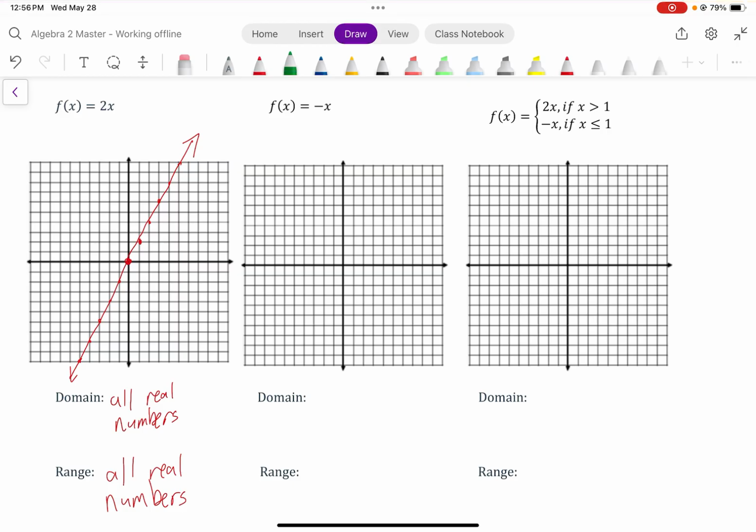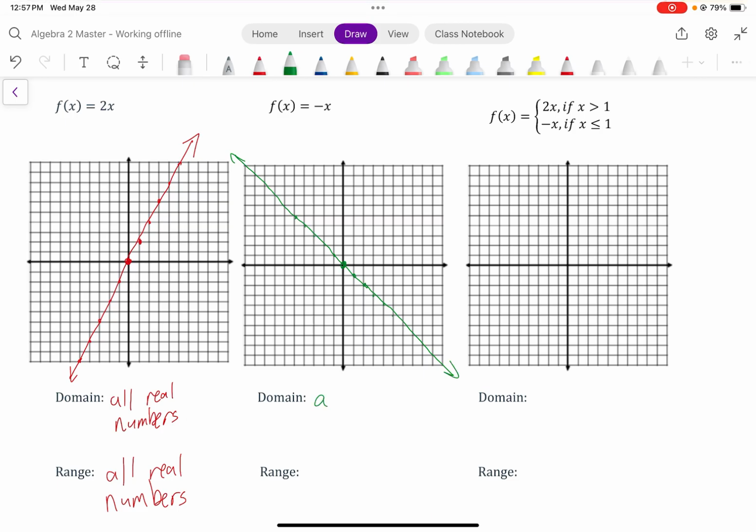For the second one, f of x equals negative x, it's still a very simple line through the origin. This time I'm going to go down 1, right 1. Or I could have gone up 1, left 1. You can put as many dots as you need to, but with a slope like -1, I hope it's pretty simple to just go through the corners.